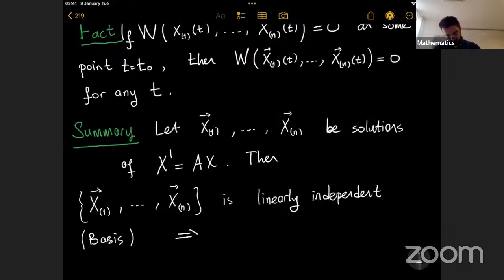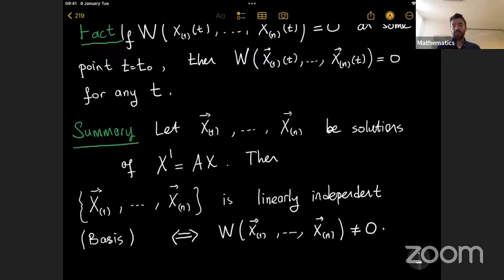if and only if the Wronskian of x1 up to xn is not equal to 0, even at one point or everywhere, because they are the same, right?